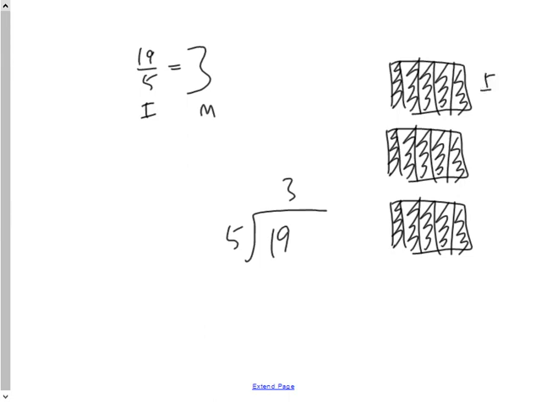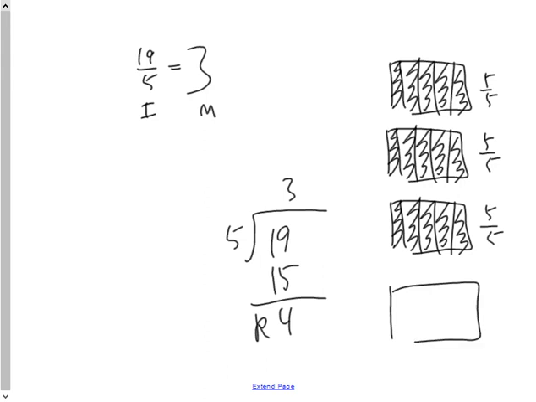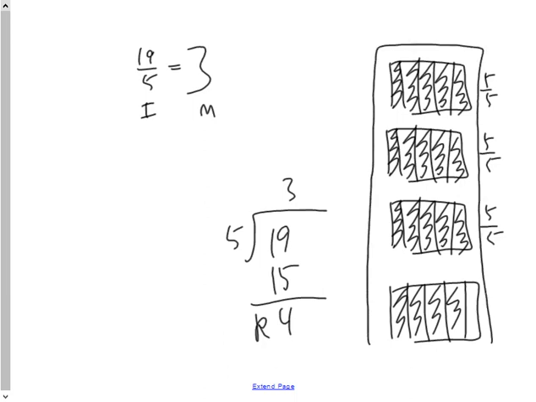There's 5/5 here, there's 5/5 here, and there's 5/5 here. That is 15/5, meaning I have a remainder of 4. So if I have a remainder of 4, there's 1, 2, 3, 4.